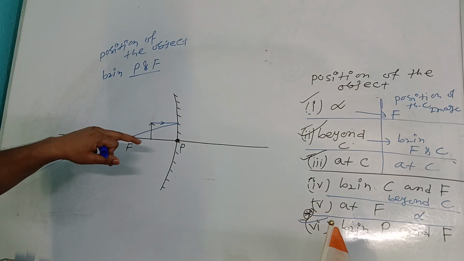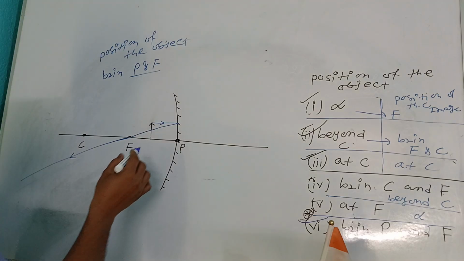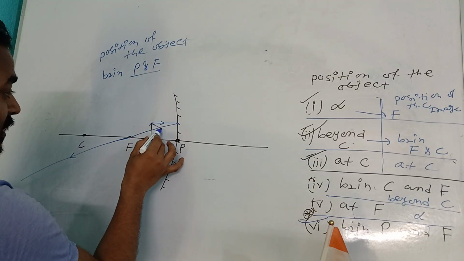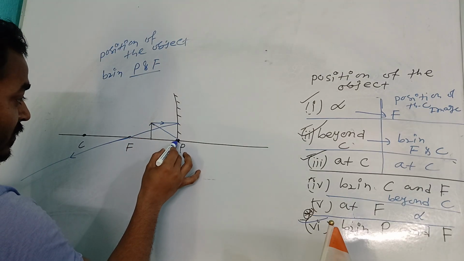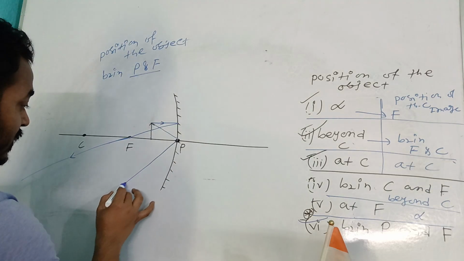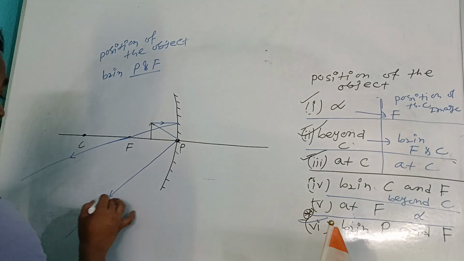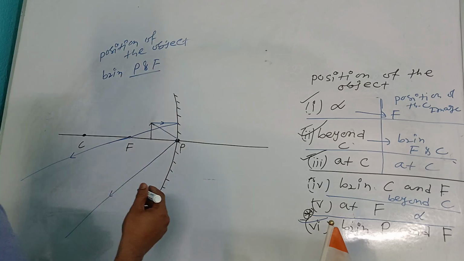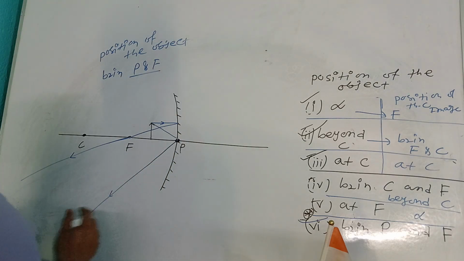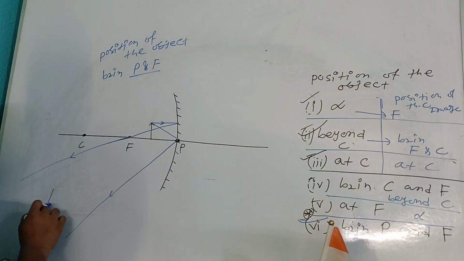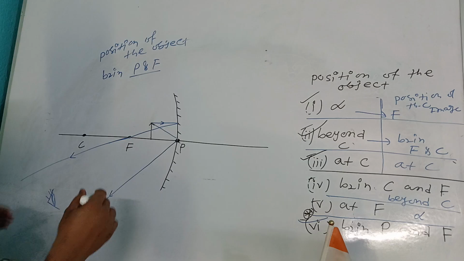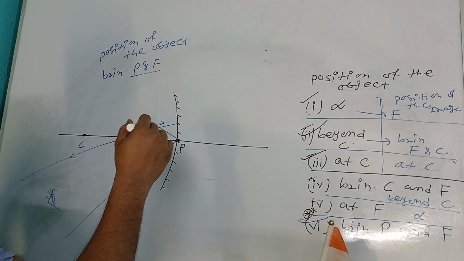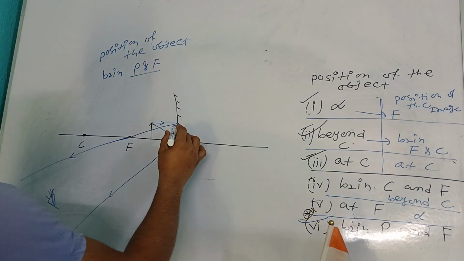So for this also you can take the oblique incident case. So now at the point of incidence, the angle of incidence and angle of reflection are the same. Now for this case we are getting a diverging ray. So it means if we place our eyes here, then we can assume the rays are coming from a point which is behind the mirror.